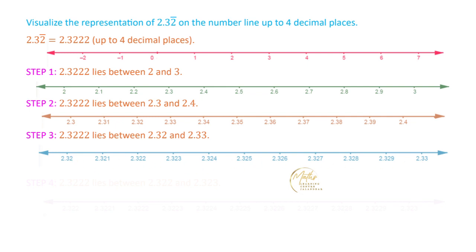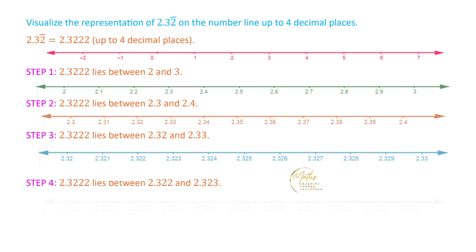So we can see that this number 2.3222 will now lie between 2.322 and 2.323. It will lie in this portion, which means we have to divide this portion into 10 parts. So this number now lies between the numbers 2.322 and 2.323.